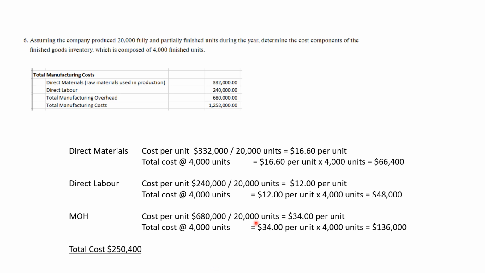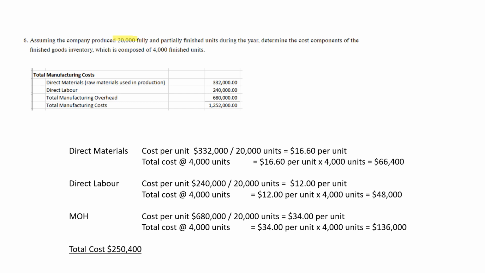All right, and for our last requirement for this question, assuming the company produced 20,000 fully and partially finished units during the year, determine the cost components of the finished good inventory, which is composed of 4,000 finished units. A couple of things here we have to note. Now instead of the 10 or the 12, we're assuming that all of these costs we calculated are based on 20,000 units produced during the year.